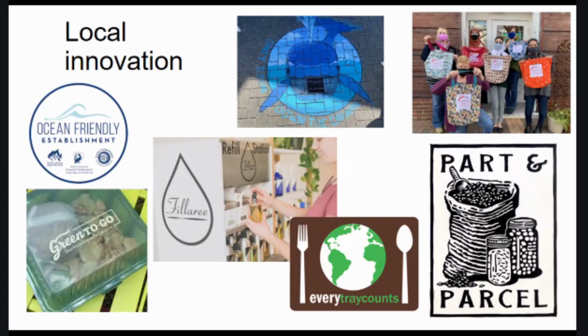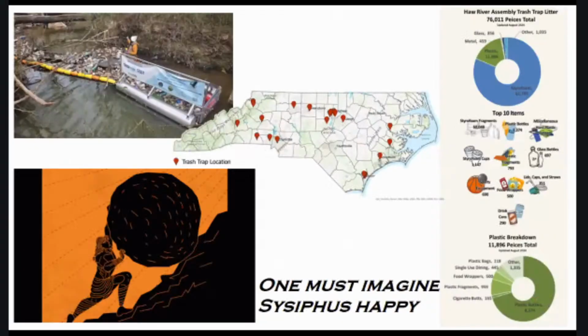Lots of NGOs that are looking at how you circulate reusable bags in the communities, with a particular focus on those communities that might not be able to afford purchasing those reusable materials. Looking at certifications for local businesses that do their part to really reduce the generation of plastic waste. And even coalitions with partnerships with artists to try to do a lot of education around storm drains to try to change public behavior. But again, all of this really puts the onus on the public, and that's pretty costly.